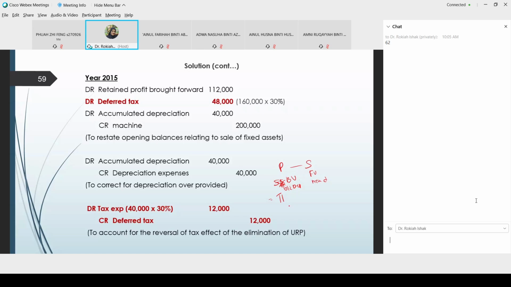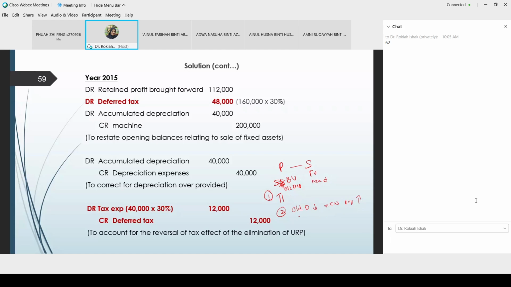The first thing to recognize is the unrealized profit. That treatment is similar to the one you have for inventory. But the other thing you need to consider is the depreciation. The old depreciation will be lower compared to the new one; the new depreciation will be higher.